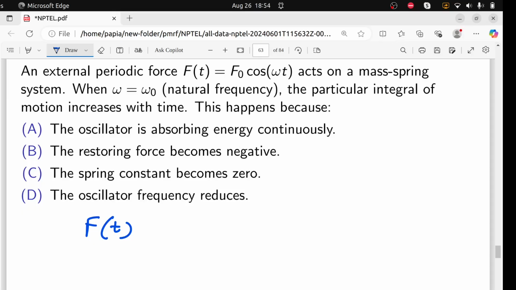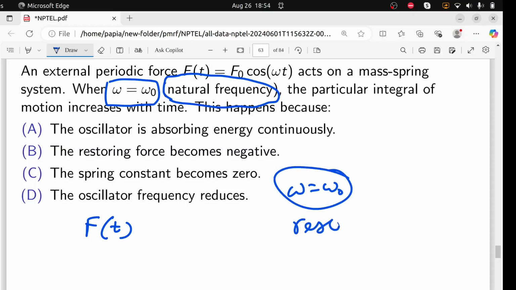Now when omega equals omega 0, omega 0 is the natural frequency and omega is the frequency of that external force. So if omega equals omega 0, we are talking about the resonance condition, right? If this is the case, then the particular integral of motion increases with time. This happens because what?